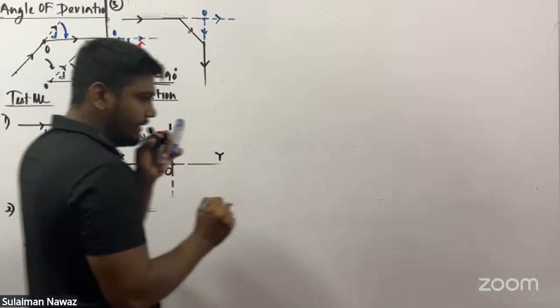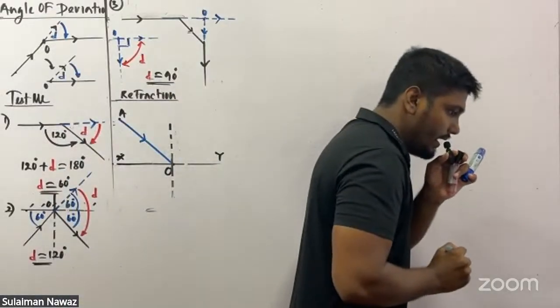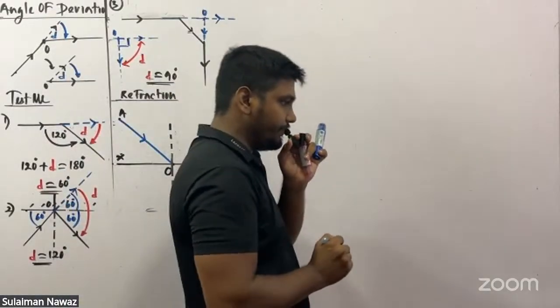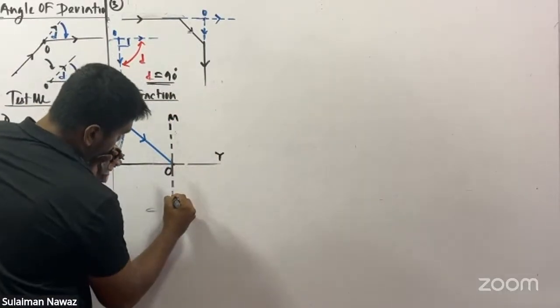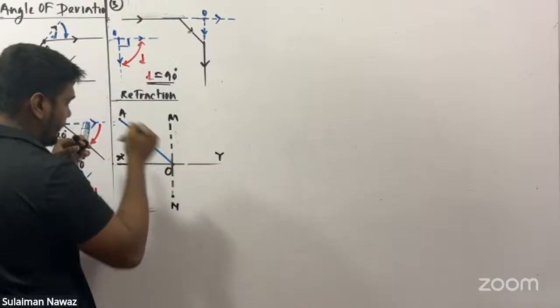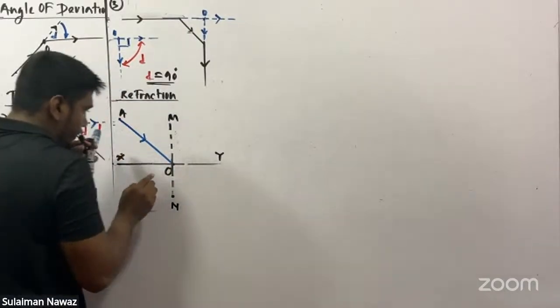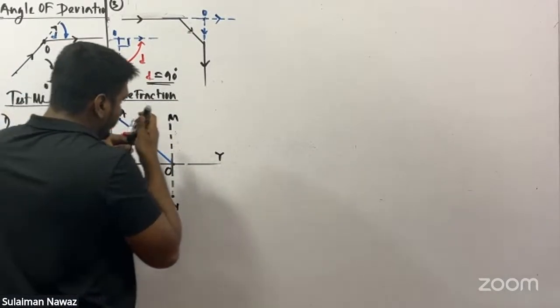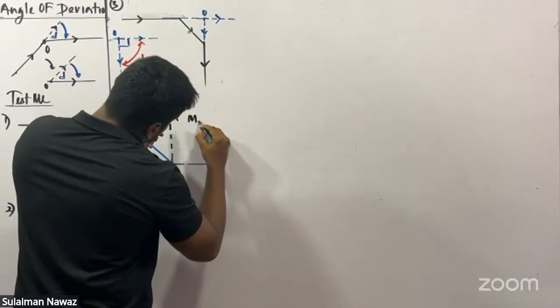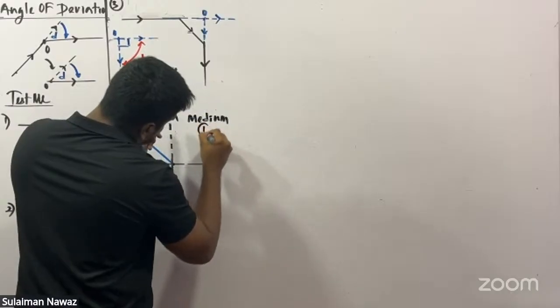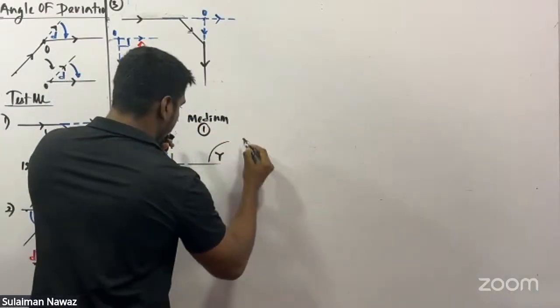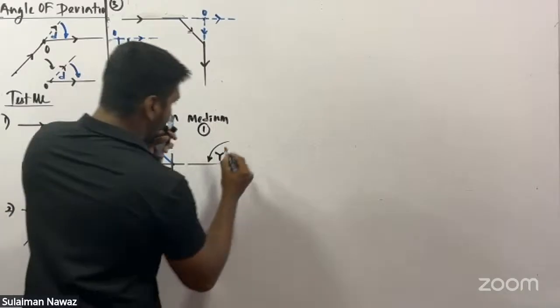This line is the MN line, with point capital M, and MN means the normal line. Then this is medium 1, and this is the common interface.